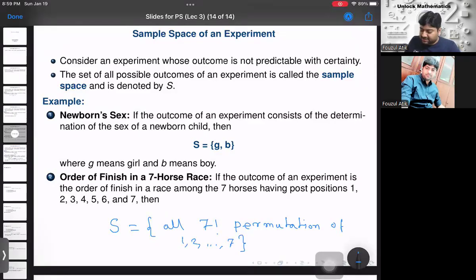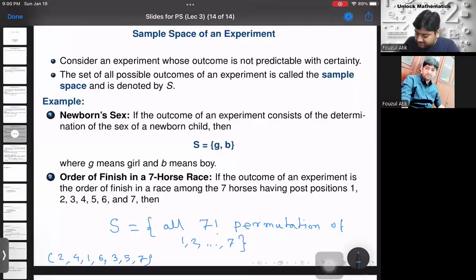Correct? So in this case, one of the outcomes may be, let me write down one, 2, 4, 1, 6, 3, 5, 7. It means that horse 2 got the first position, horse number 4 got the second position, horse number 1 got the third position, and so on.